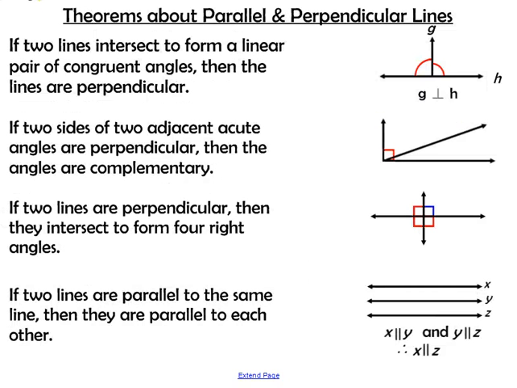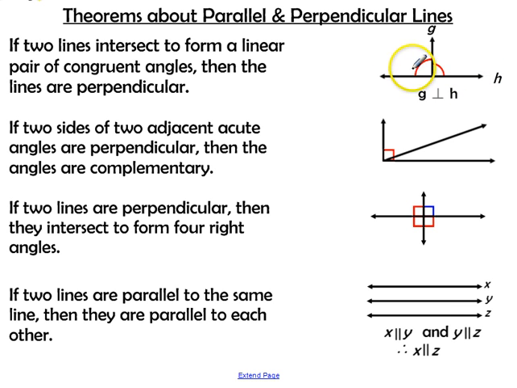Now here are some theorems about parallel and perpendicular lines. If two lines intersect to form a linear pair of congruent angles, then the lines are perpendicular. So here we have line G and line H, and they intersect to form a linear pair, which means they're adjacent and their non-common side makes a straight line.